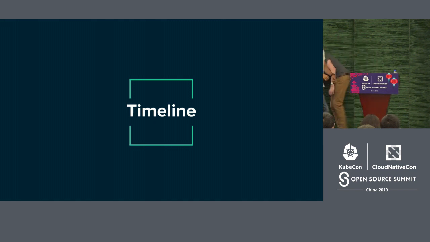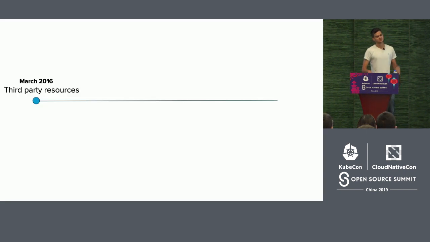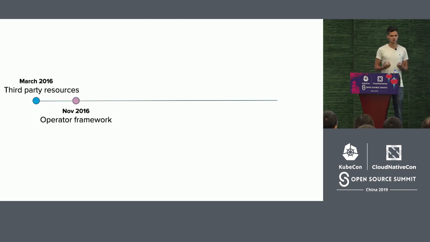OK, so let's have a brief look at the timeline of extensibility in the Kubernetes API. So around, I think, Kubernetes 1.2, third-party resources were introduced. And this was the first time that you had a way to add new things to the Kubernetes API. So shortly after, CoreOS introduced this thing called the operator framework. And so really what they realized is that Kubernetes is great for running workloads, especially like stateless workloads.